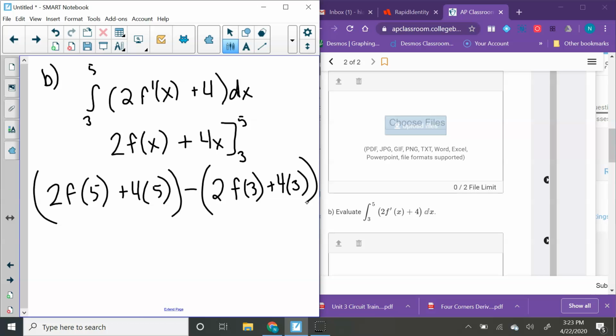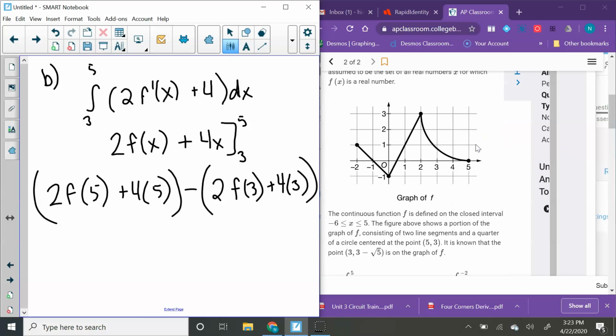And so from our graph that we're given, this is our graph of f, so f of 5 is 0, so this is 2 times 0 plus 20 minus 2 times f of 3 is right here at an obscure point that we don't think we know, but remember they gave us some extra information in the problem. They told us that it goes through the point 3, minus square root of 5. So this is 3 minus square root of 5 plus 12.